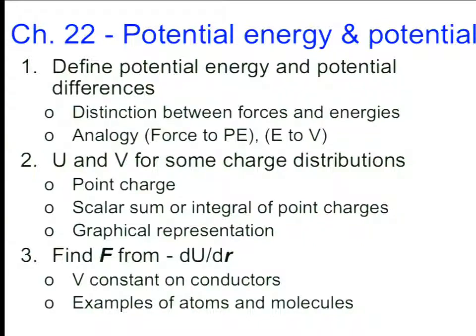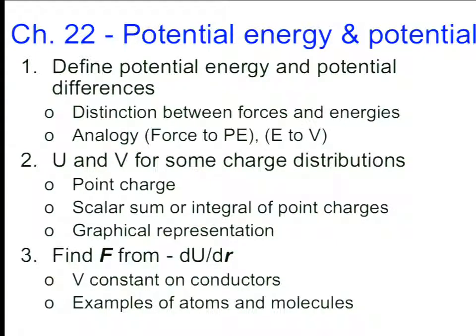And in order to get the conservation of energy law to work, to look good, we have the change in the kinetic energy plus the change in this potential energy will be zero. That's the law of conservation of energy.